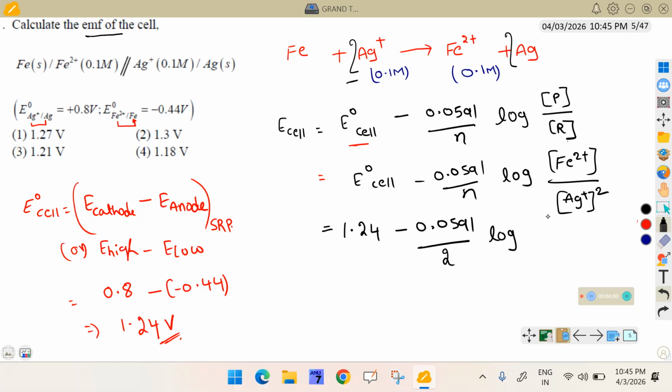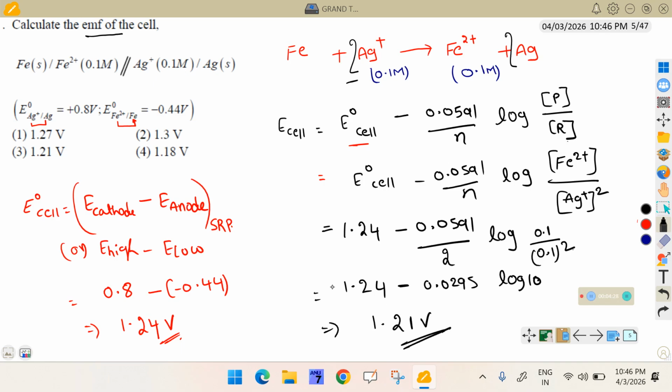Log of Fe2 plus concentration is 0.1, Ag plus concentration is 0.1 whole square. Now simplify. Then 1.24 minus 0.0295 into log 10. Then you will get 1.21 volts nearly. Third option is correct.